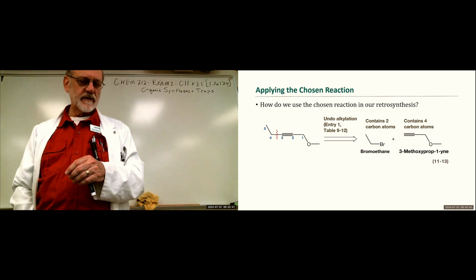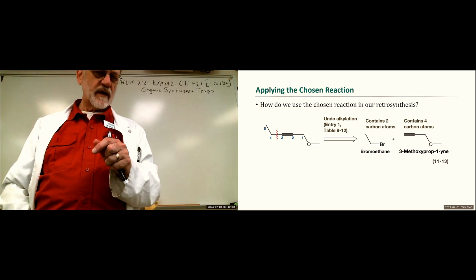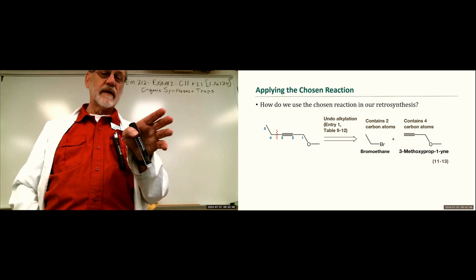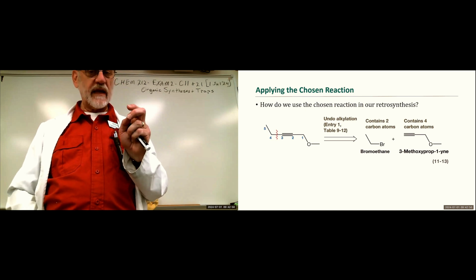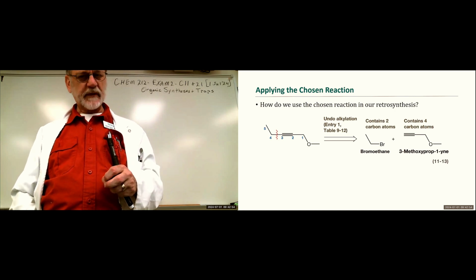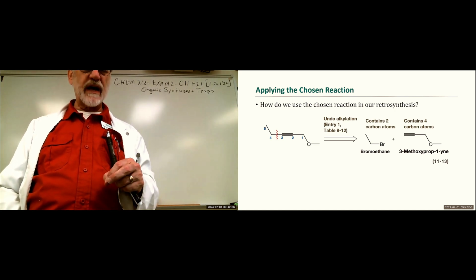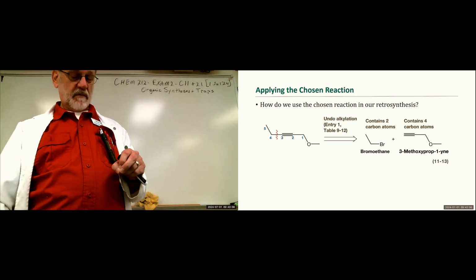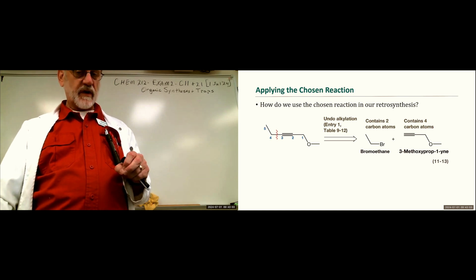Our first approach is to break that bond, where you have carbon 4 and 5. And that means we need a brominated ethane, and then we have our alkyne.